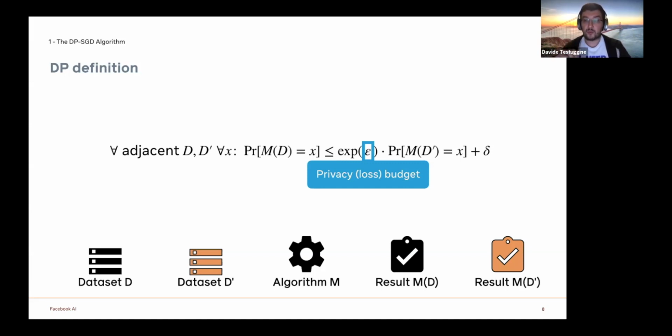If epsilon equals 1, it means that the probabilities are not allowed to change by more than e to the 1. In DPSGD, we're also dealing with the epsilon delta definition of differential privacy, which includes a small probability of failure. We're not going to go over details about this one today, but essentially it extends the applicability of differential privacy considerably.